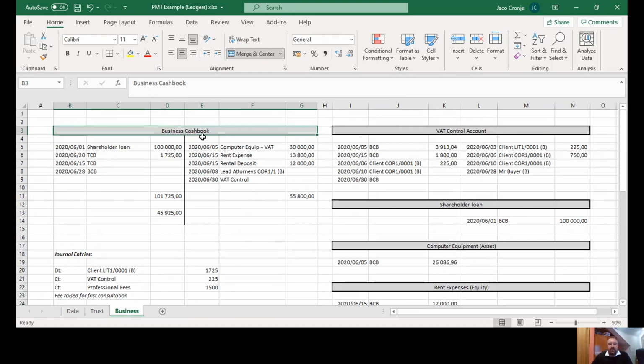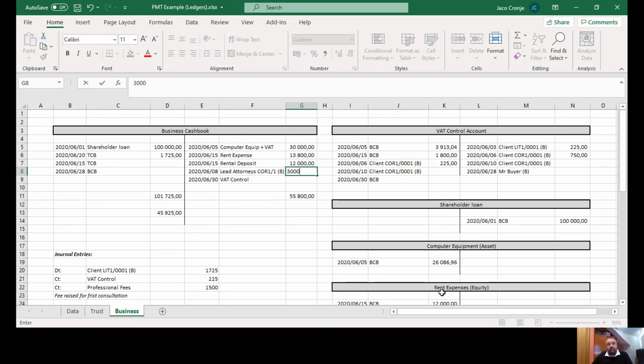So my business bank account will decrease by 3,000 Rand. Which side does it decrease? Decreases on the credit side. So 3,000 Rand flows. Now, is that sheriff's account for my account or for my client's account? And the answer is I want to recover that money from my client. I want to tell them that they owe me that money.